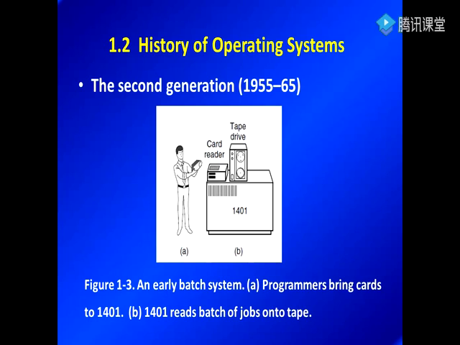1401 will read a lot of punched cards, which include a batch of jobs, more than one job. I mean more than one program to run in the computer.